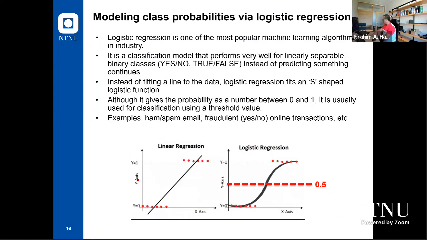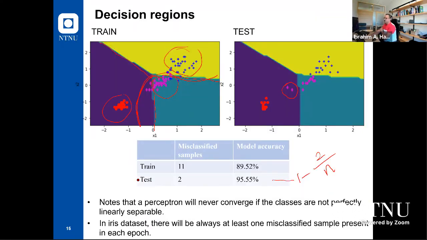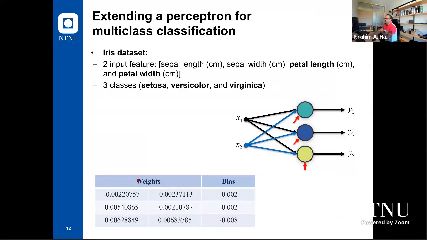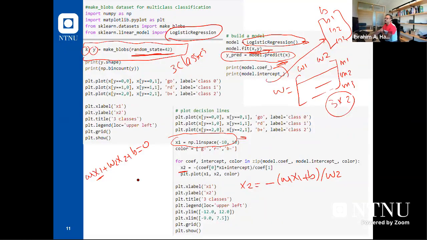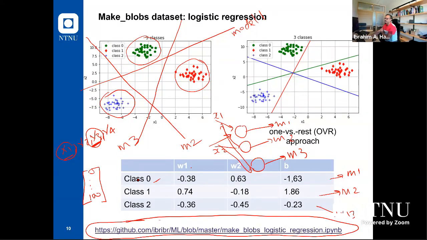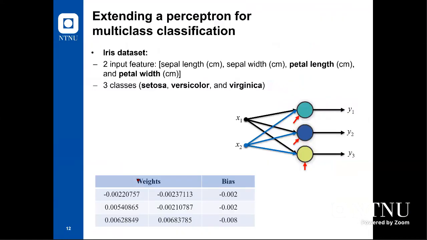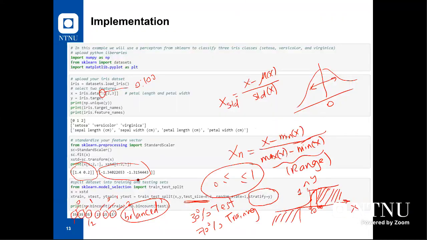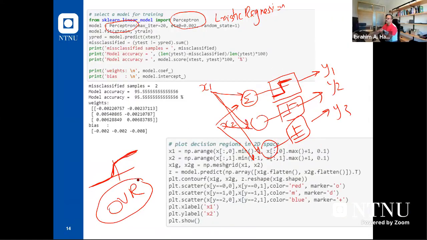Do you want time to run this code? You also have the code. I didn't put a link for it here. I guess it's the perceptron for multi-class classification. So maybe I can find it.